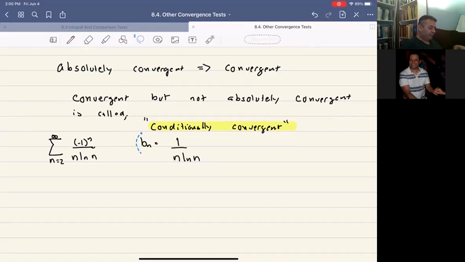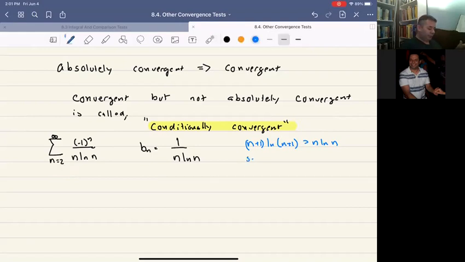It's pretty clear that (n+1) times the natural log of (n+1) is bigger than n natural log of n, right? n+1 is bigger than n. Natural log of n+1 is bigger than natural log of n for positive numbers, and that's what we're dealing with anyways.